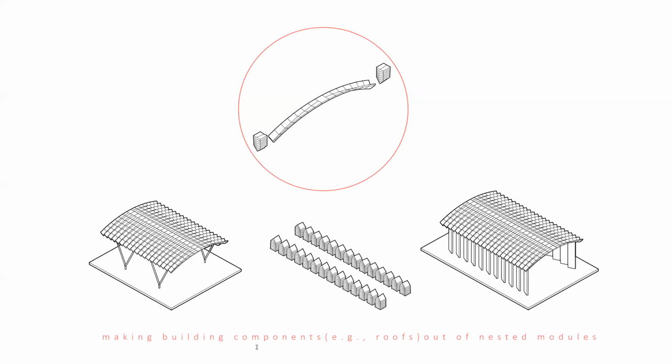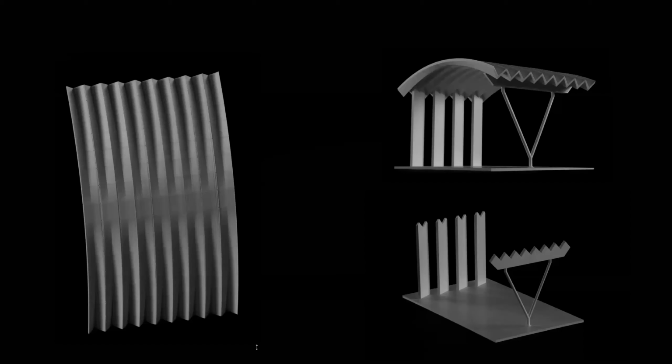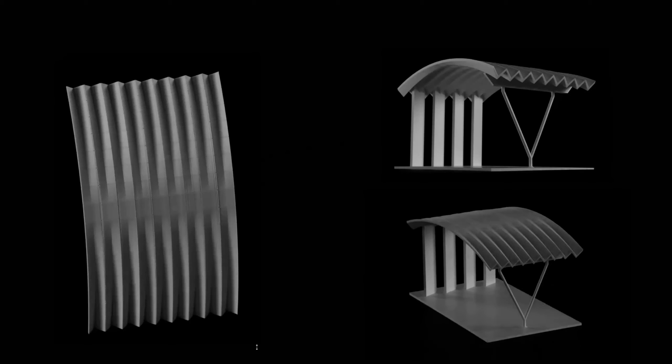So the pieces can be separated from each other, aligned with post tension, and have the structure assembled. And it can be used on a roof structure or beam structure. It's more about how we can make a geometry with no waste.